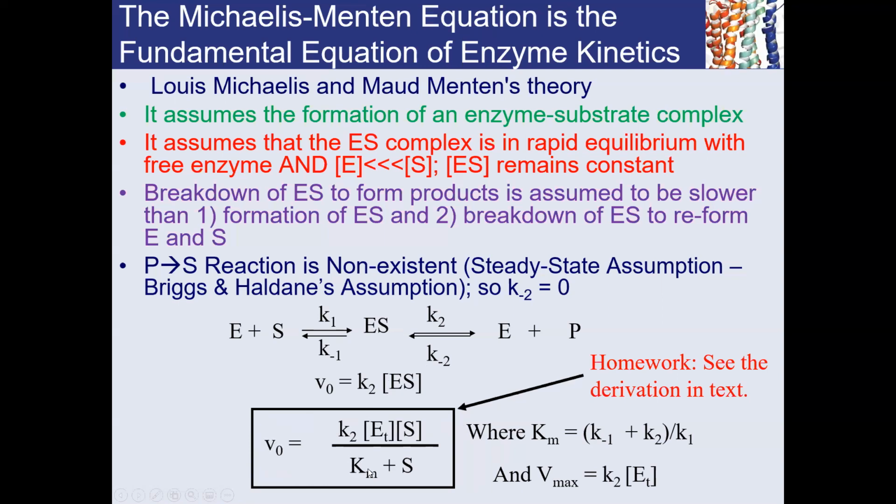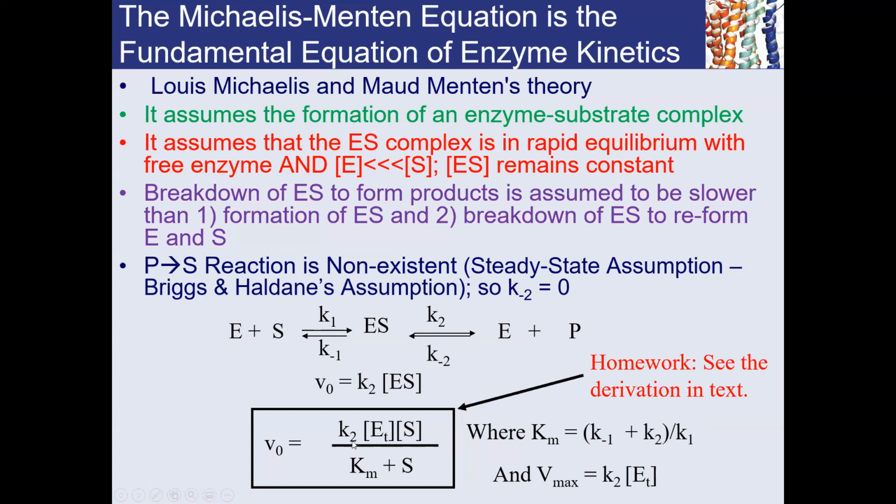Km is made up of these rate constants. Here I have defined Km. Km is (k-1 plus k2) divided by k1. So Km is a mixture of different rate constants. In this very simple scenario, it is (k-1 plus k2) divided by k1. So that's what the Michaelis-Menten constant, Km, is.